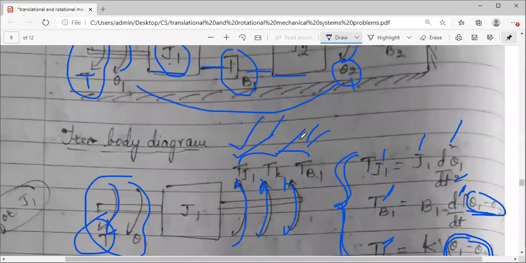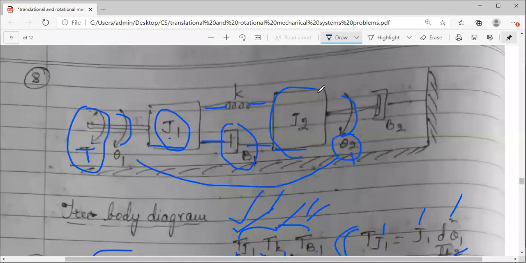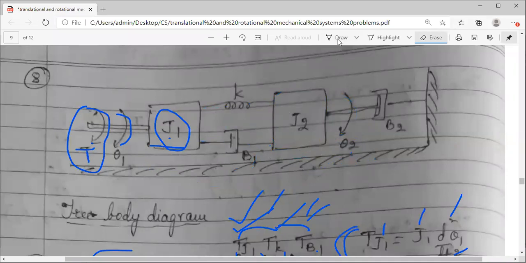Now coming to the free body diagram for J2. How many torques are there here? We will try to analyze. There is no applied torque, so that is 0. Only applied torque is for J1. So for J2, if you see, 0. However, how many elements are there? 1, 2, 3, and because of the moment of inertia of J2, that itself will be 4. So 4 torques exist.